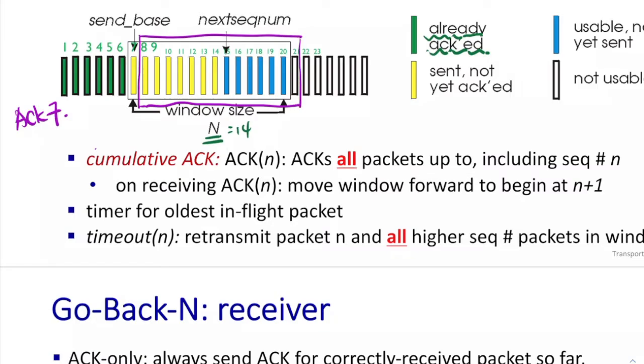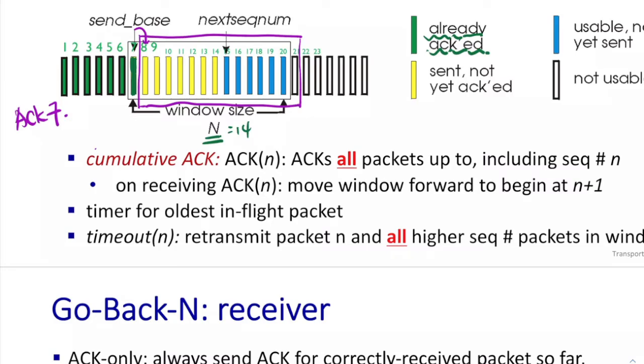As I mentioned before, the pointer send base should always point to the first segment, so it should point to number 8 right now. And since the yellow segment number 7 has been acknowledged, it should be green right now. So we draw it in green.